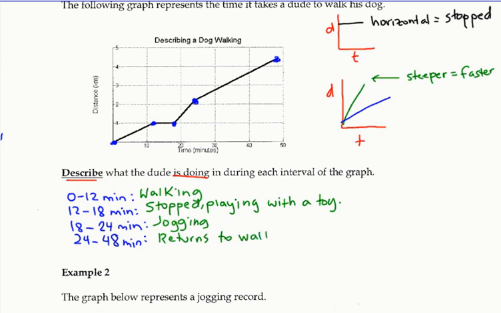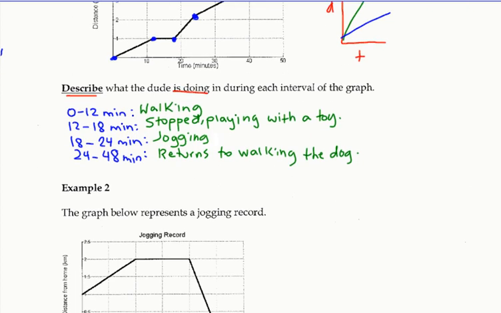He got tired after 6 minutes. He's a little out of shape. Or the dog got tired. Sometimes the dogs just can't handle it. It's a little dog. All right, so this graph just asks us to describe what he's doing.